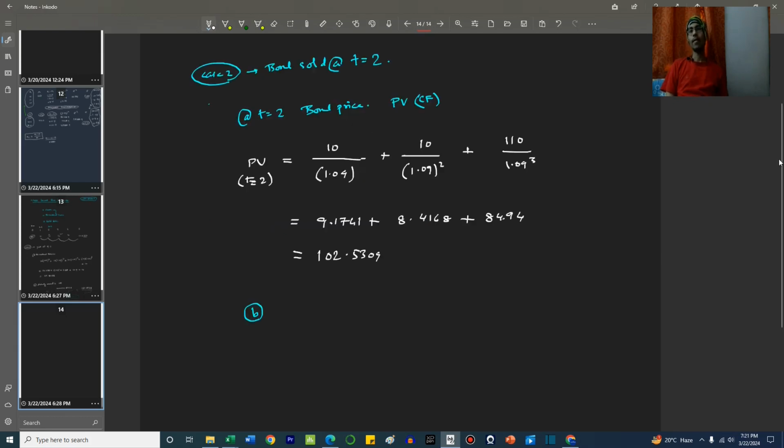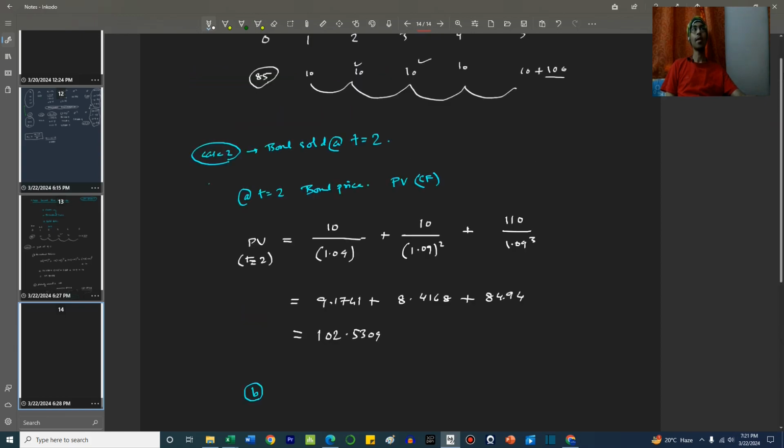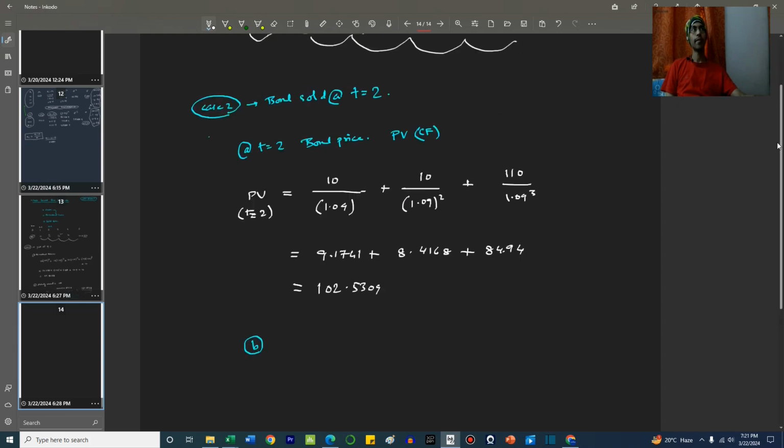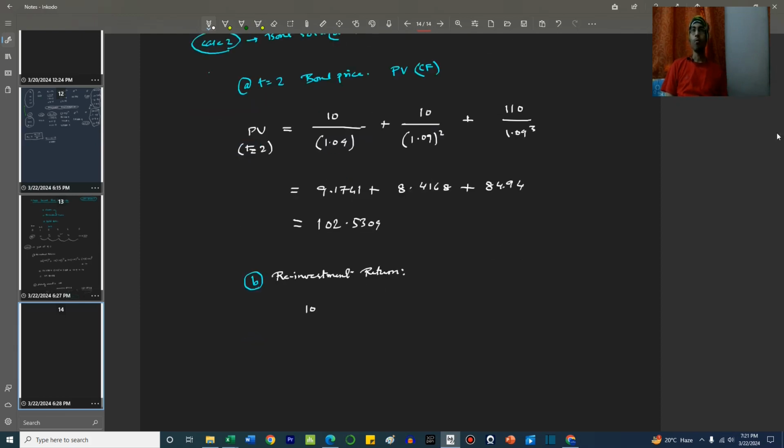Now let us look at the reinvestment returns at t equal to 2. If you look at the coupons received at t equal to 1 and t equal to 2, the coupon at t equal to 1 compounds once, and the ultimate payment received is the coupon at t equal to 2. So the reinvestment return is easy to calculate. One coupon compounds for one period and the next coupon is received at the time of sale.